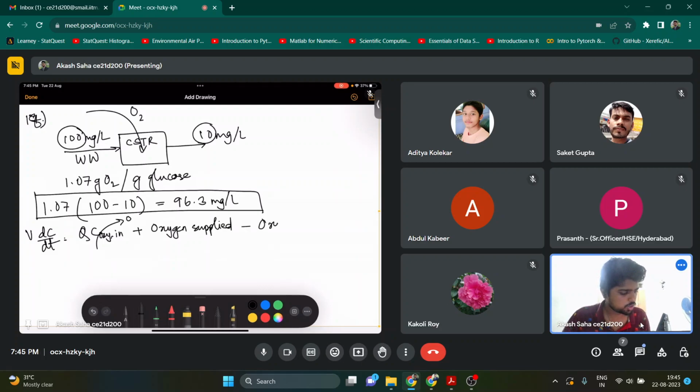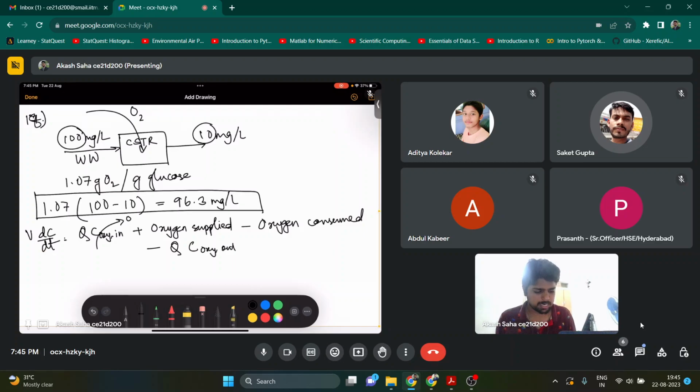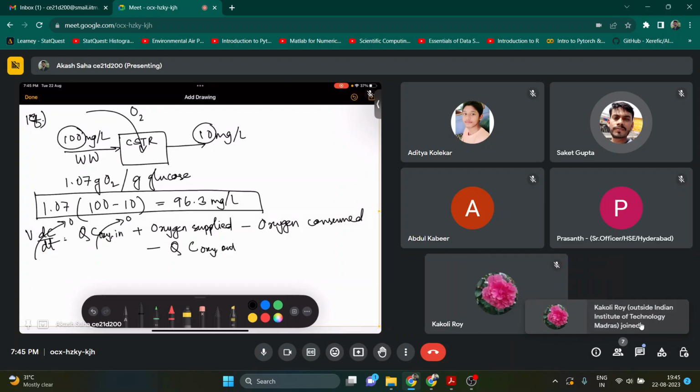Minus oxygen that is consumed, minus Q C oxy out. I hope now it makes sense, Saket. Yes, sir. So at steady state, this will become 0.